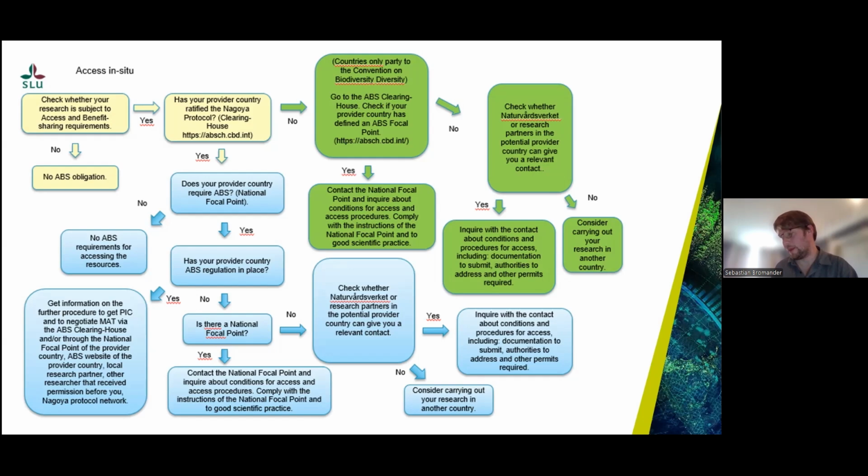So as a common rule, always try to find out the local rules in the country that you're working with. I know that's not so easy. It's not even in English all the time, but a good start could be to talk with a collaboration partner, to see if they are aware of any restrictions when it comes to transferring the material.